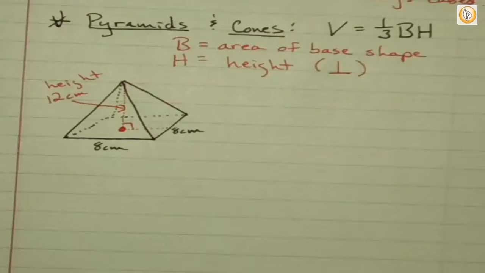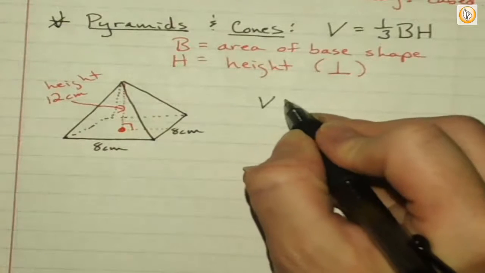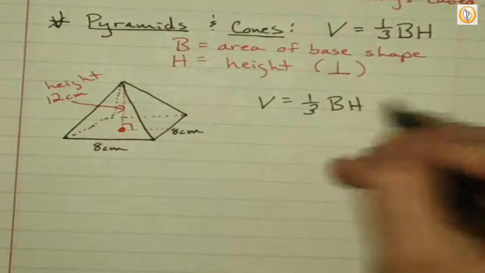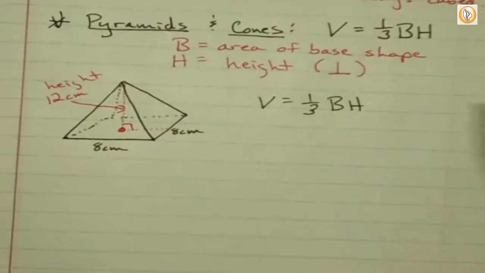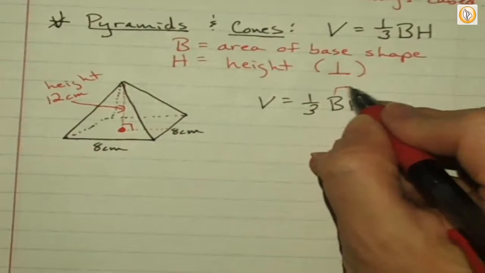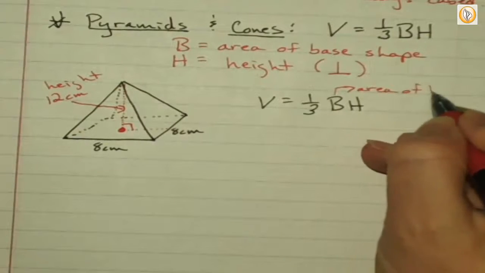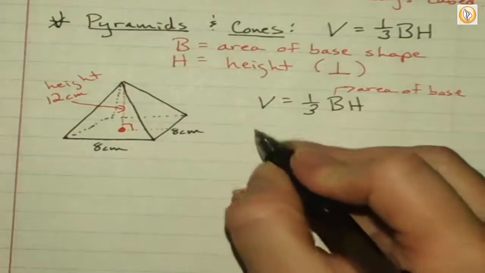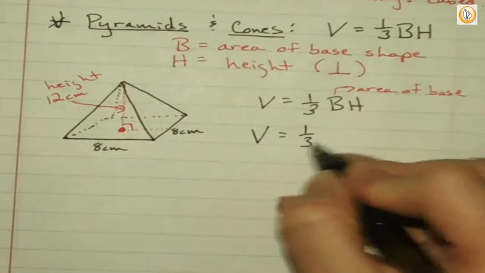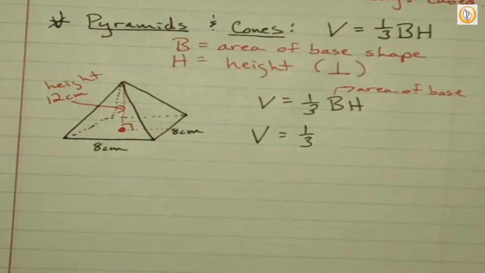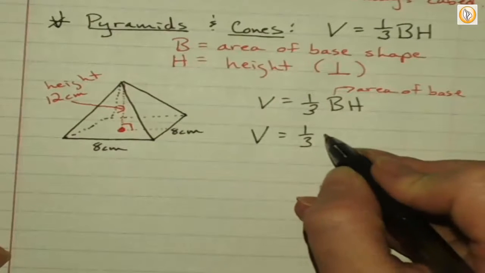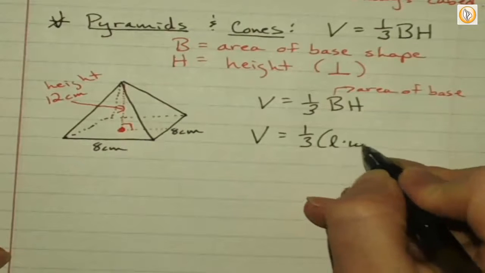Does everyone have the drawing? All right, here we go. So the volume is a third base times height. Now remember, the big B is that area of base. Let's go with the book. We talked about either B times H or L times W. They're the same thing. But since it's a square especially, your book wants you to do length times width.